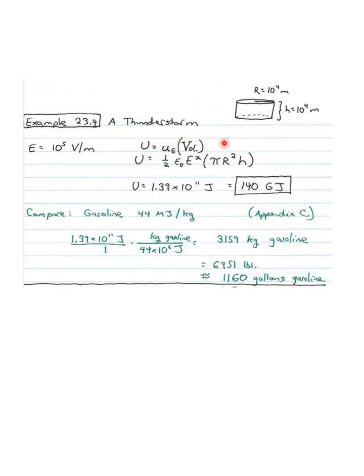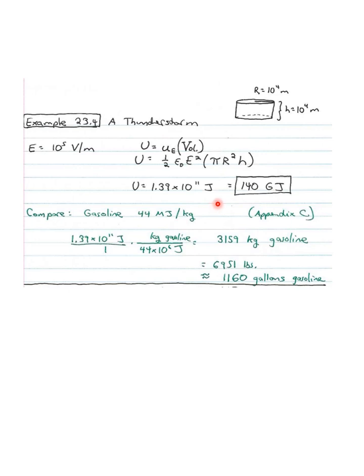We multiply that times the volume, and that gives the total energy. Well, let's make some substitutions in here. Energy density is 1/2 epsilon naught times the electric field squared times the volume of our cylinder, pi r squared times h. Plug all those values in, we get 1.39 times 10 to the 11th joules, or 140 gigajoules.